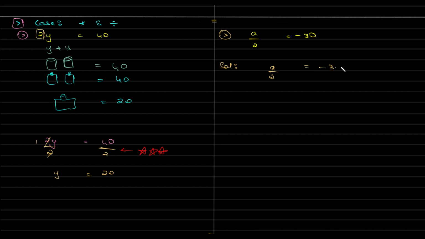I want to eliminate 2 in the denominator. Should I divide with 2 or multiply with 2? Multiply, right? The simple reason being the numerator and denominator get cancelled. So a is equal to negative 60. That's it.